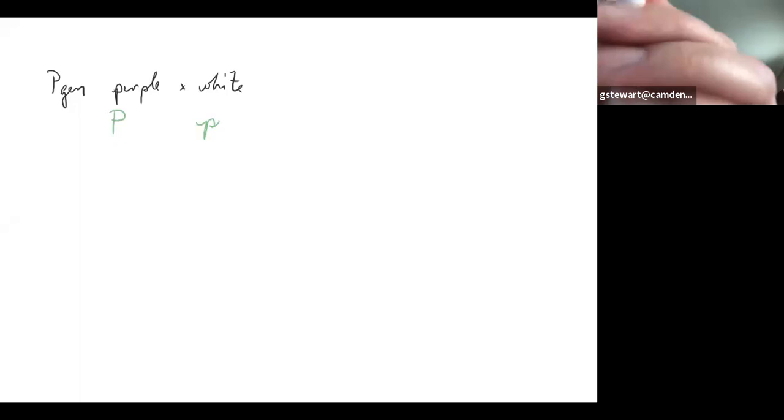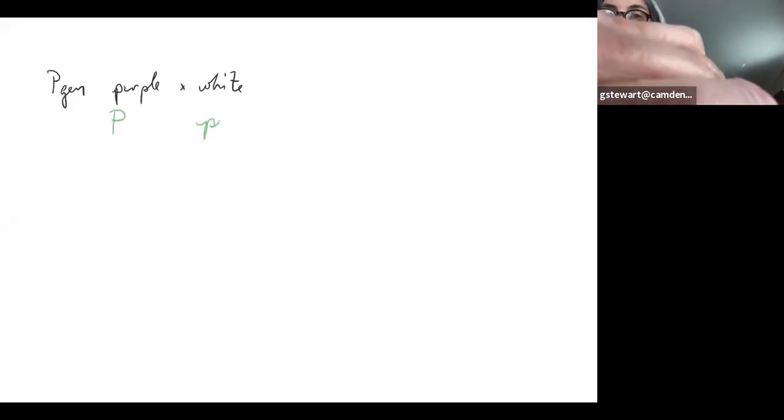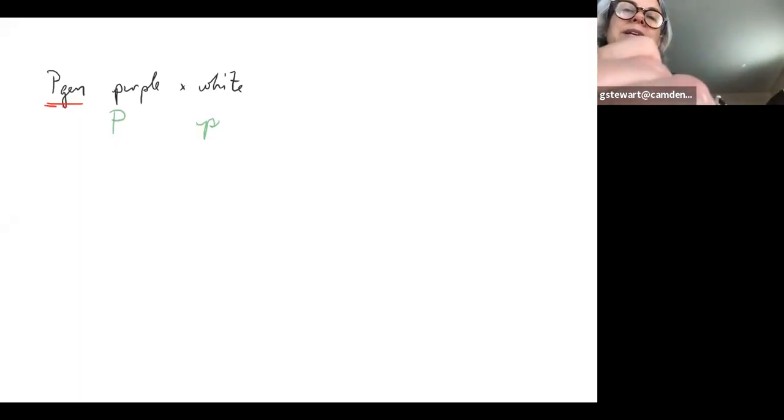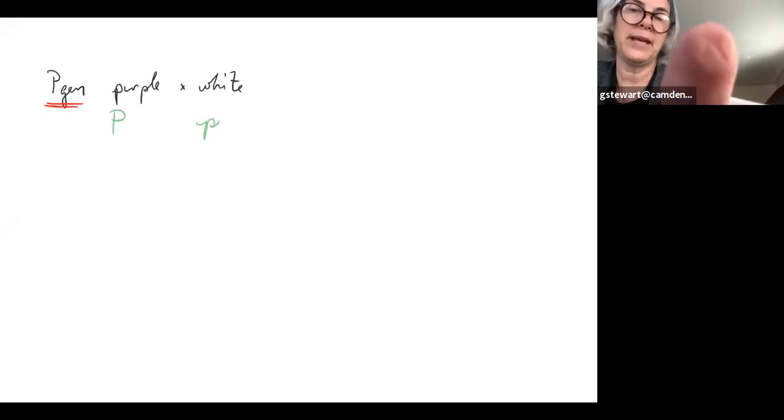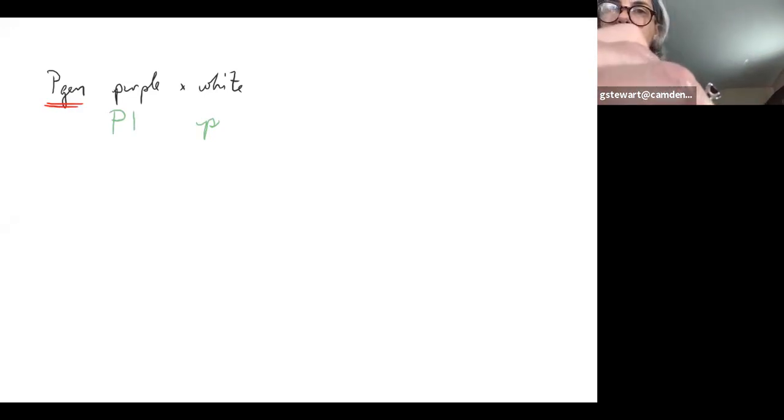Now, these are parents. This is the P generation. So we need to account for both of the alleles because remember, pea plants are diploid. They are 2N. So we are going to put a second capital P here and a second lowercase p here.